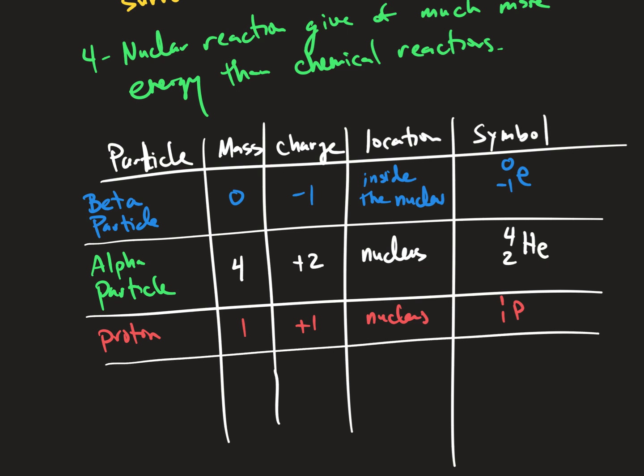And if we do neutrons, it has a mass of 1, charge of 0. It's also in the nucleus. 1,0n, right? Y'all understand this notation? Any questions?